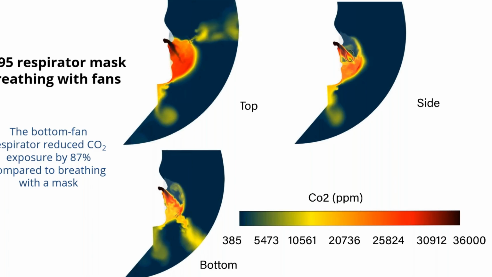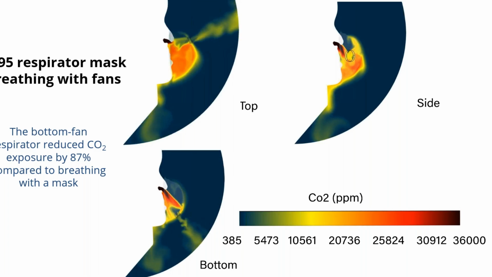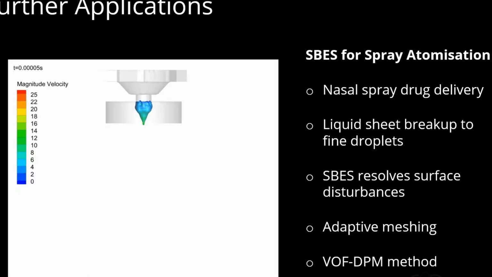And we find that the bottom fan position of the respirator reduced CO2 exposure by 87% compared to breathing with a mask. And so the SBES model's ability to capture mixing processes appropriately is critically important for us to ensure that the simulation is doing the job properly.